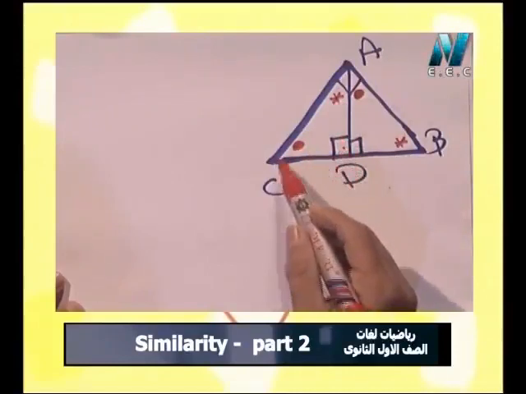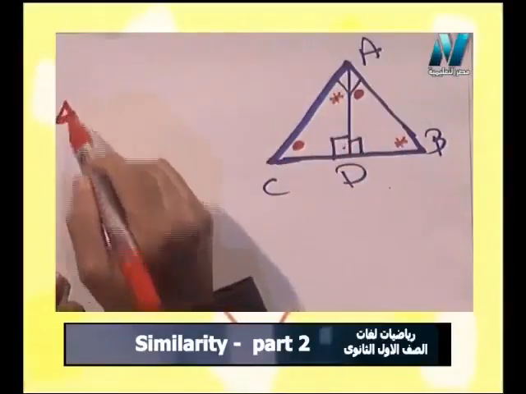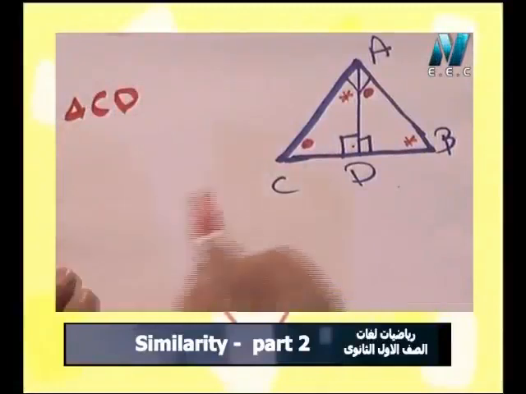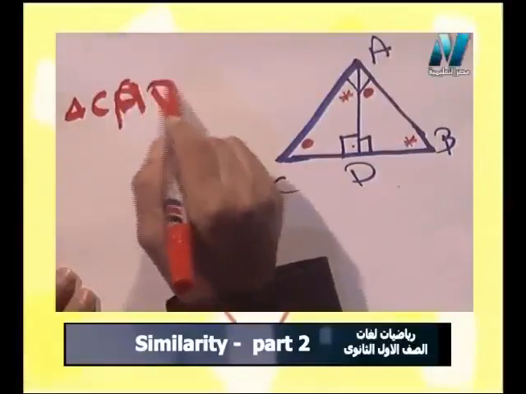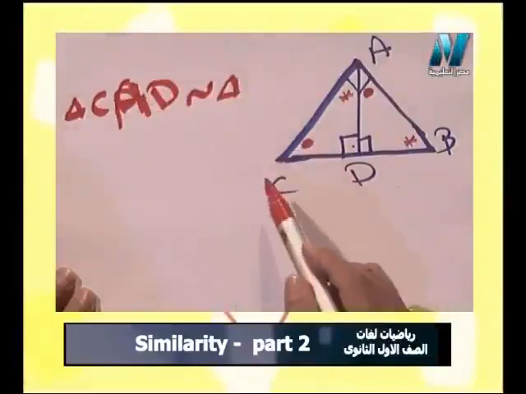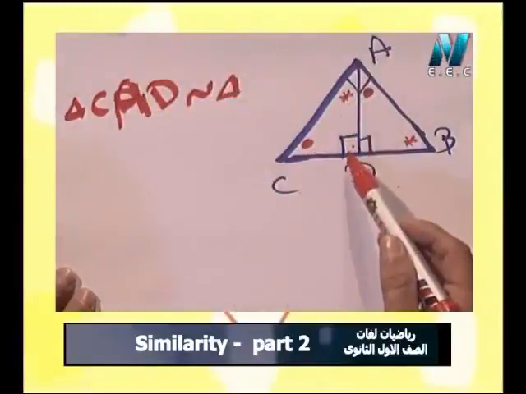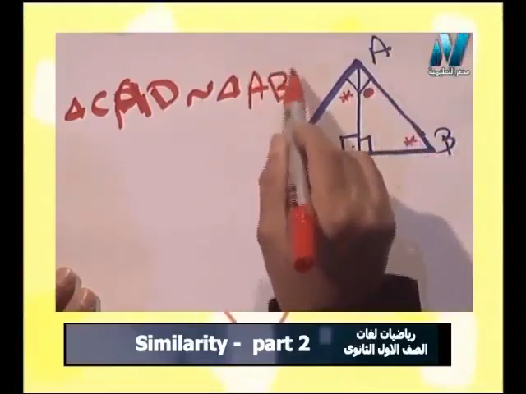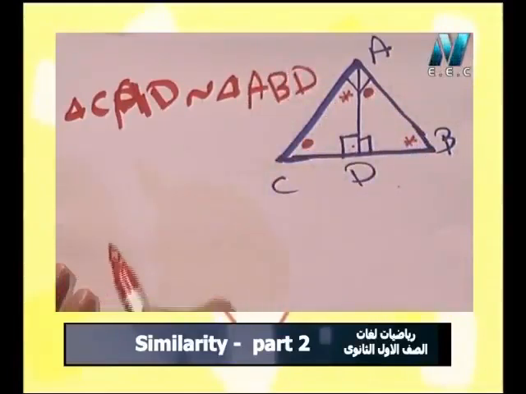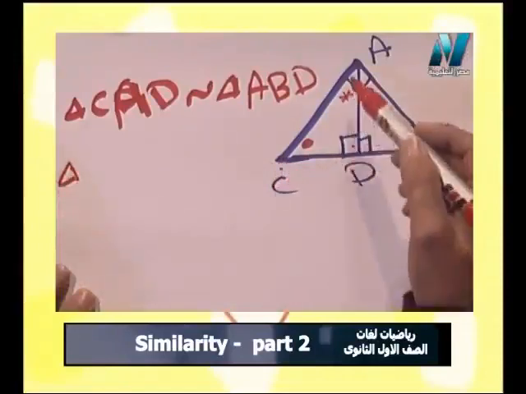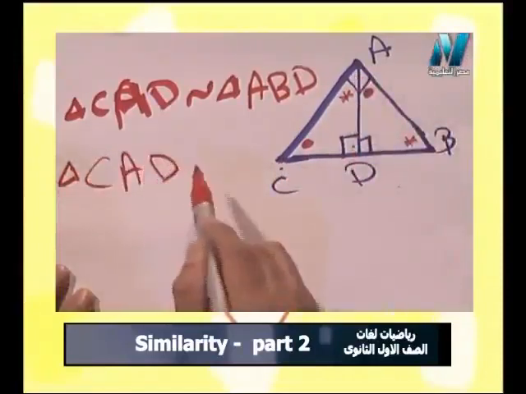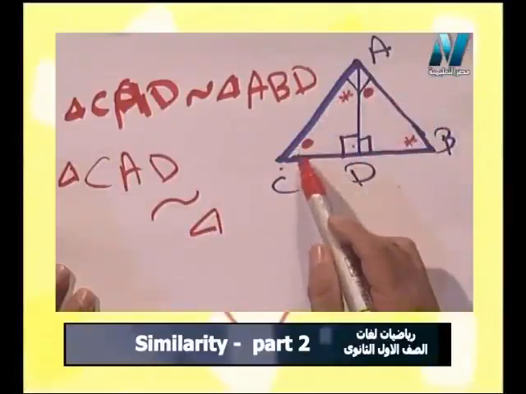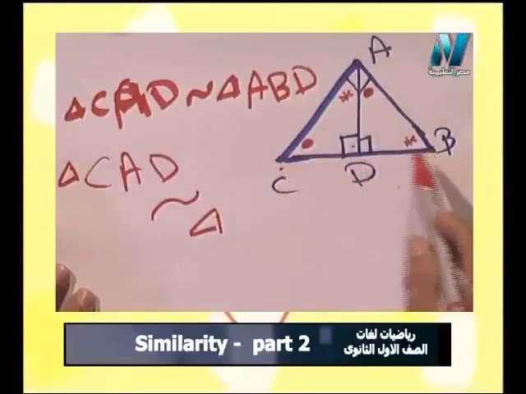So it's triangle CAD will be similar to triangle ABD, dot, star, right, and triangle CAD is similar to the big one, which is CBA.